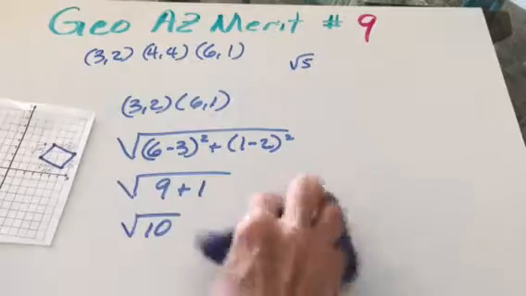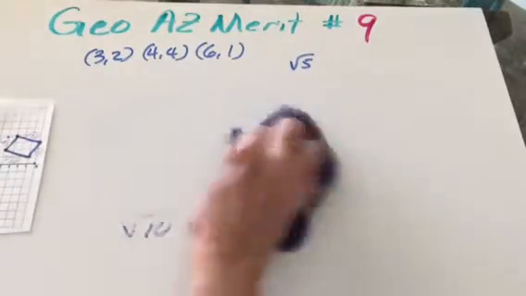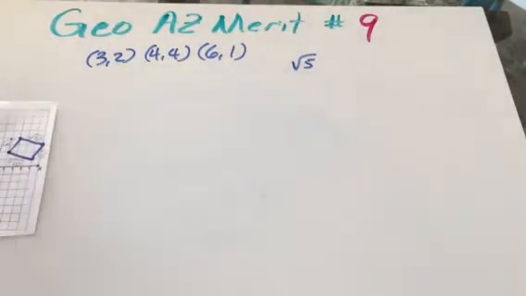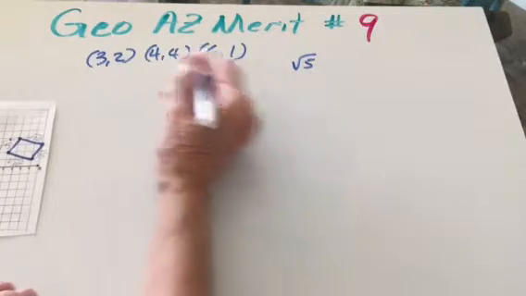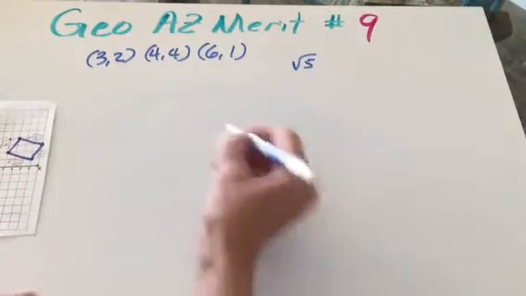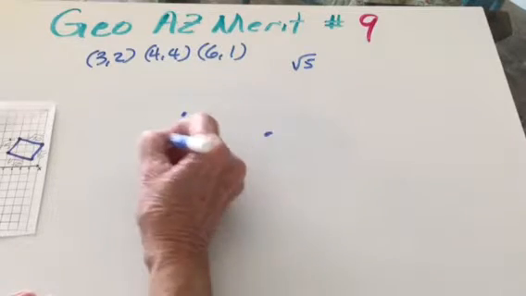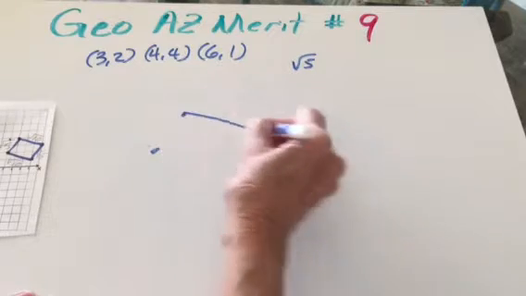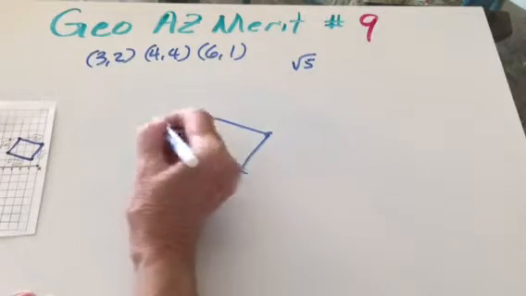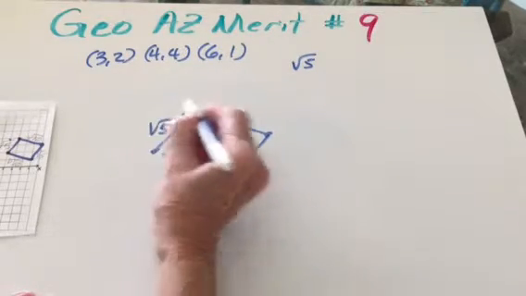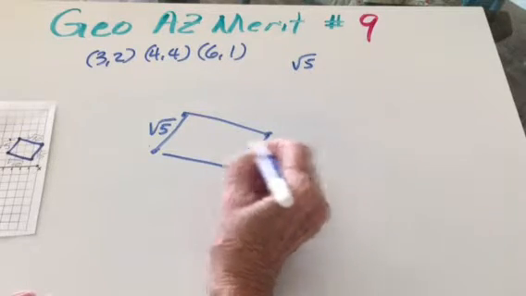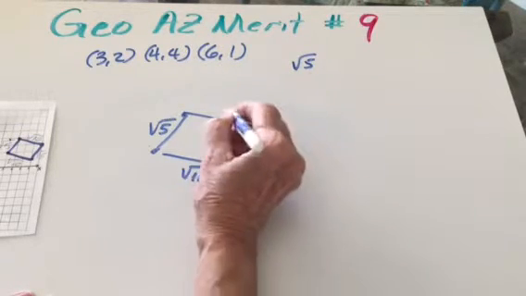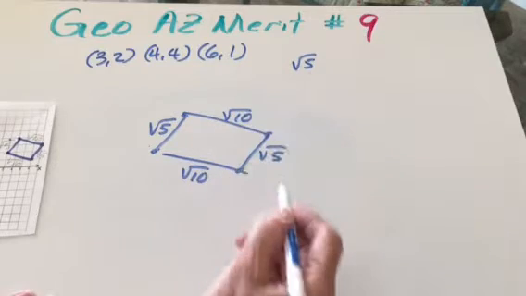You're like, I still don't get this. Let me show you something. So let's pretend that this is the parallelogram. Watch this. This was radical 5. This is radical 5. This is radical 10. This is radical 10. All right?